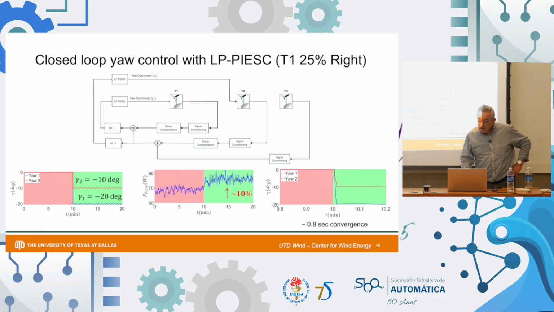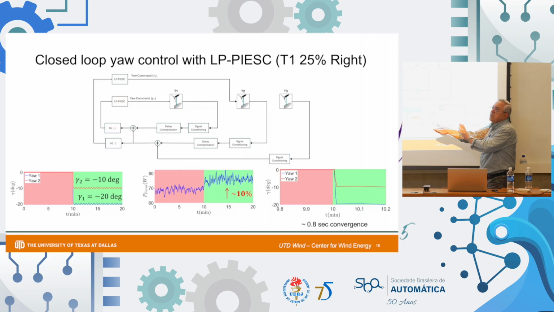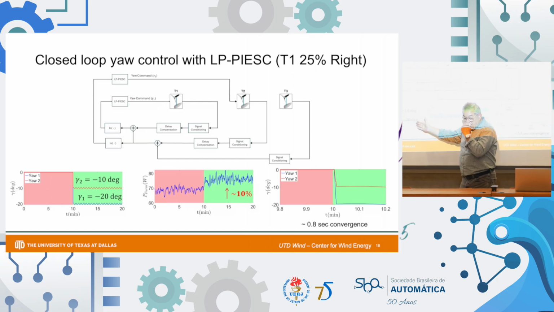So in this case, I'm showing you the staggered right, because the staggered right is the one that produced the most increase in power. So here are the time traces, time signals of the commanded yaw, and that sinusoid is the dither.